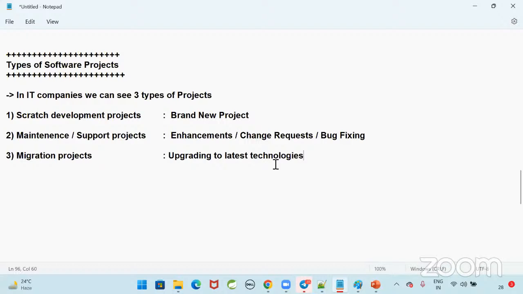People developed projects by using struts 1.x, struts 2.x, one framework in the Java. In 2013, I worked on the struts framework. In my first company, Spring is not there. Struts available. I developed a project on the struts. It is a scratch development project.